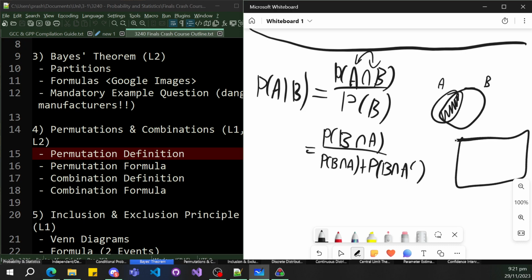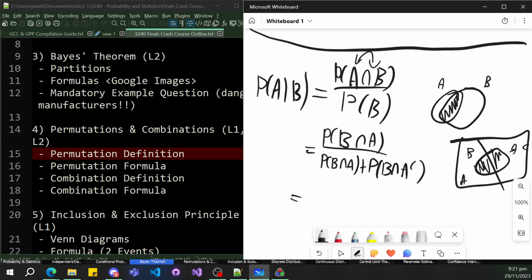Because in our Venn diagram, you will have A and A complement, and then B will be in here. There's this part of B, which is the first part, and then the second part here.